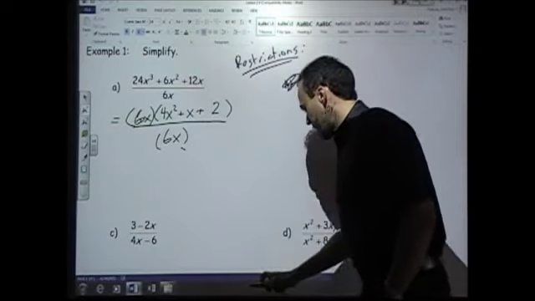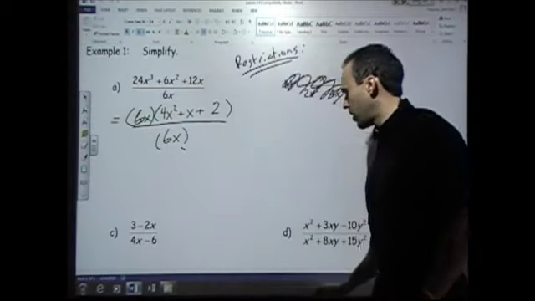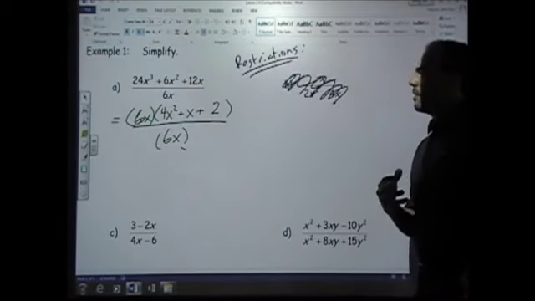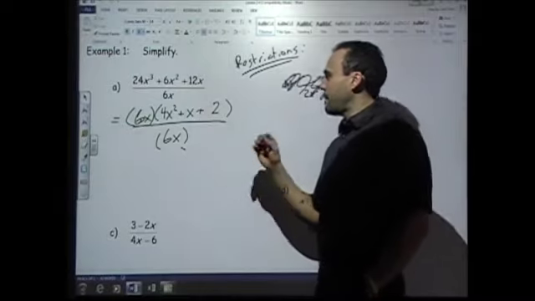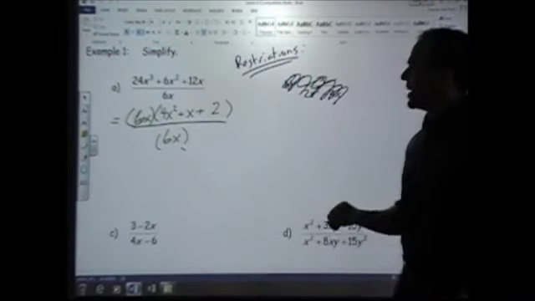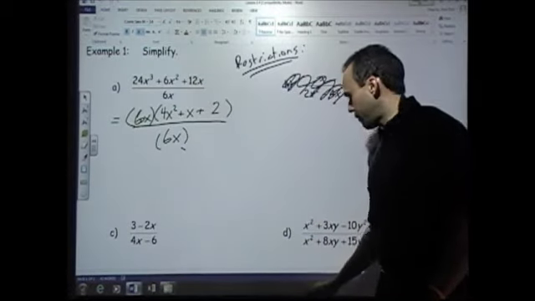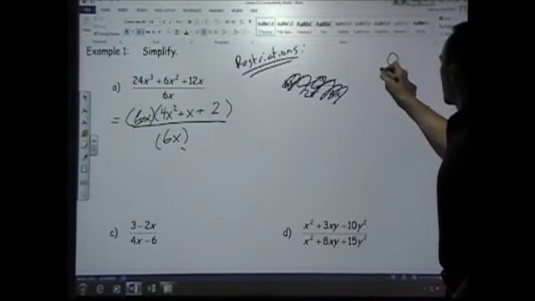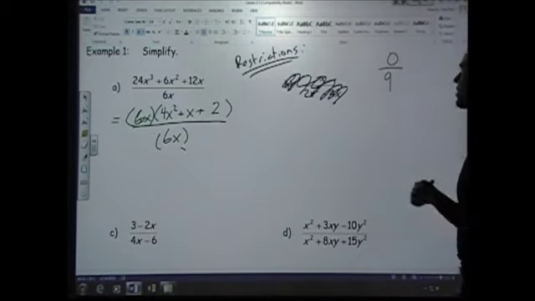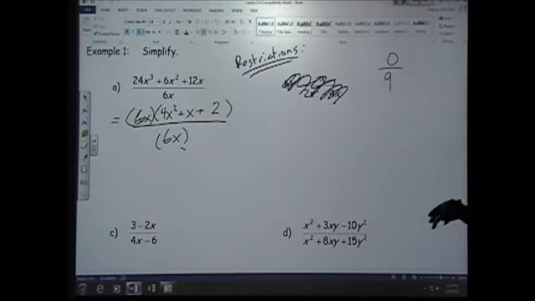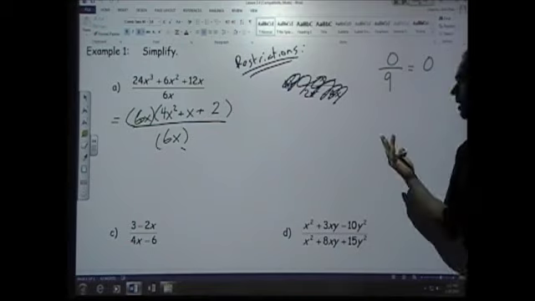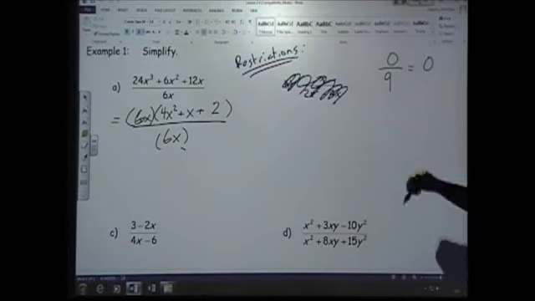What are restrictions? Again, restrictions, it says up there, it is the values of x, or the variable, that makes the denominator 0. You can never have 0 on the bottom of a fraction. You could have 0 on the top of the fraction, something like $0 divided by 9 people, everyone gets $0, okay? If you do that on your calculator, it'll just tell you 0.